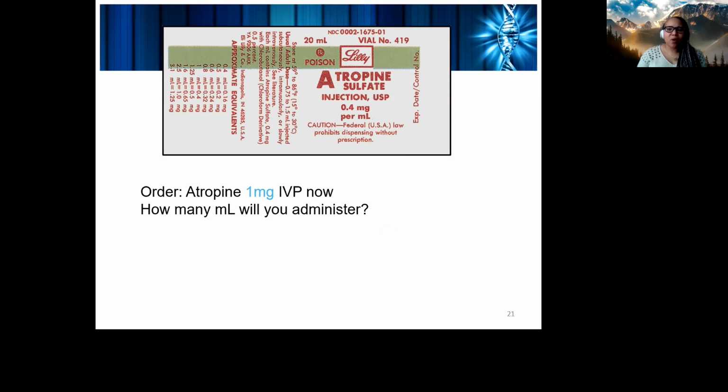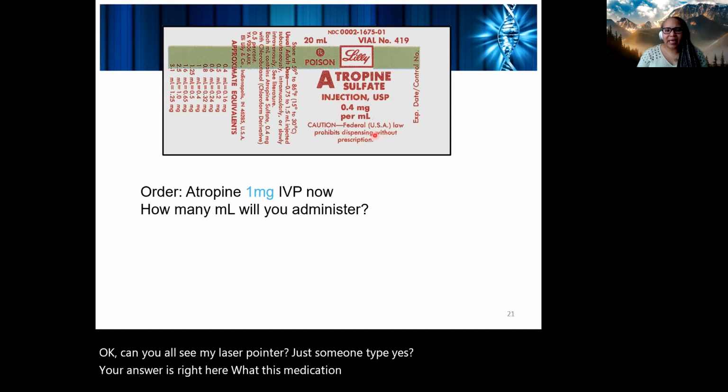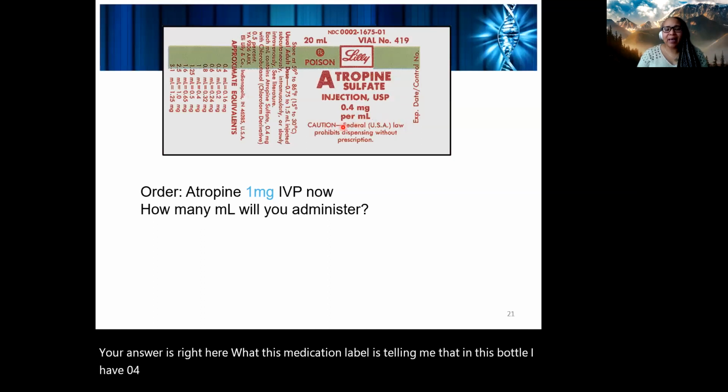Okay, can you all see my laser pointer? Just someone type yes. Okay, your answer is right here. What this medication label is telling me is that in this bottle, I have 0.4 milligrams in every milliliter.